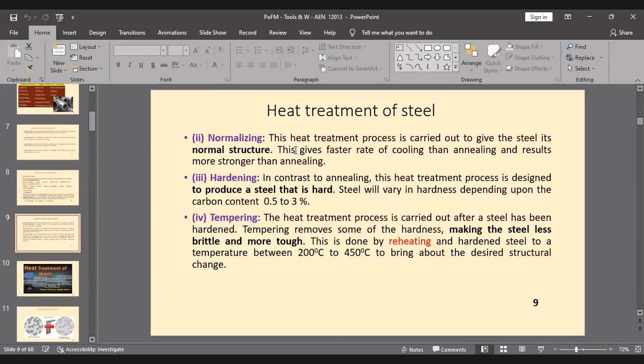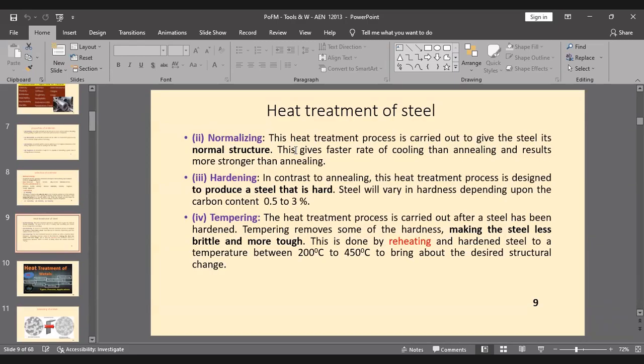They heat the knife, and after that it is inserted into water or sandy soil or something like that. So we are making a faster rate of cooling. If the rate of cooling is slow, you get annealing. If the rate of cooling is very high, that is normalizing. The third one, hardening.